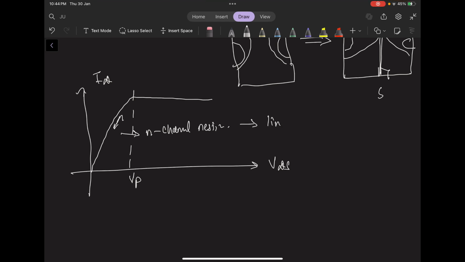This is also known as the linear or ohmic region of operation of the JFET transistors. And at this point, this is known as the saturation level, where VGS is 0 volt. This part is also called IDSS, or drain saturation current.